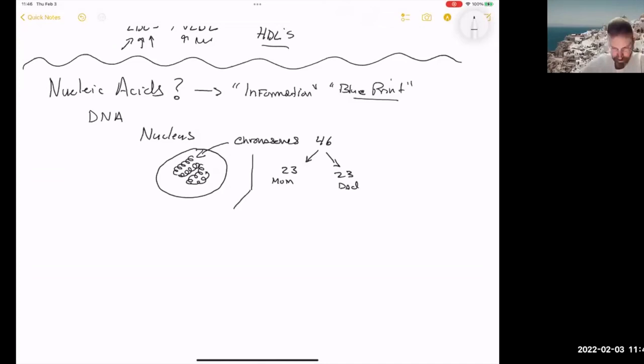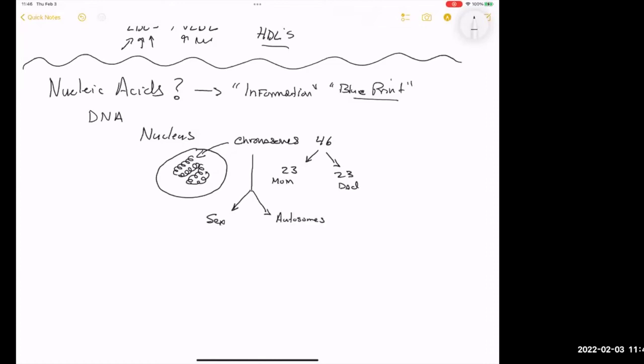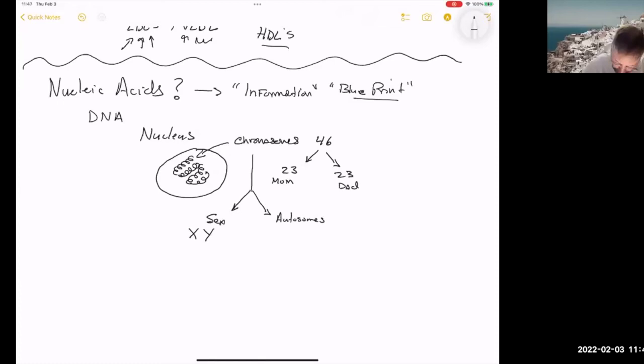You have your sex chromosomes, and these are the chromosomes that form the basis of your biological sex. And then you have all of the other chromosomes, and those are referred to as autosomes. So your sex chromosomes are the X's and the Y's, right? And then your autosomes are all the other ones, all right?